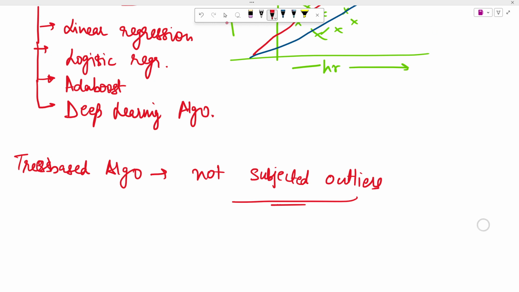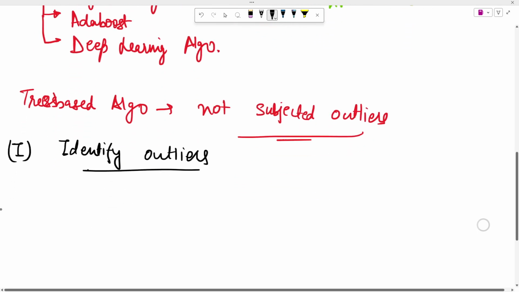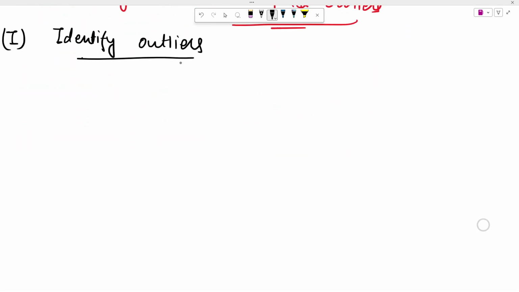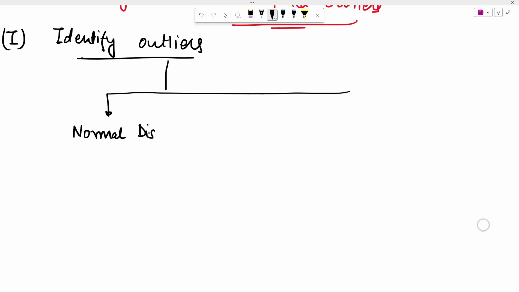Now let's deep dive into how we can identify outliers. As we talked about, we have different methods based on the distributions, right? We can have a normal distribution, skewed distributions, and other distributions, whatever we have.